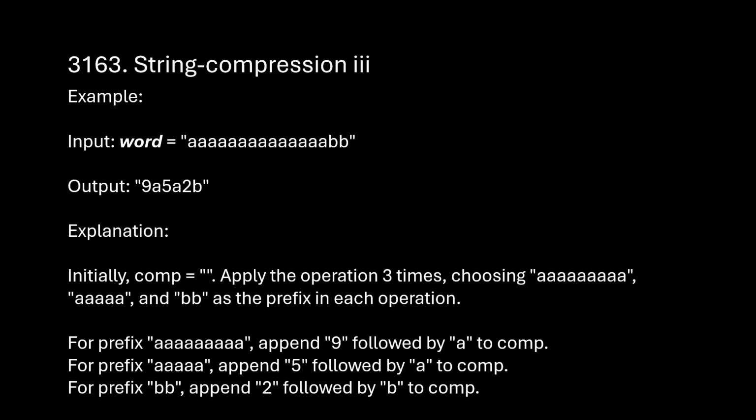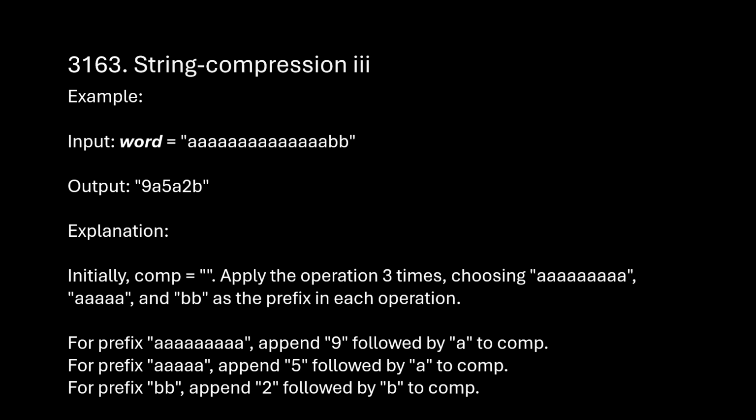The explanation here says: for prefix A, append 9 followed by an A; for the next prefix A, append 5 followed by an A; for prefix BB, append a 2 followed by B. So pretty much just appending the count followed by the letter. And if the count is ever 9, you would stop right there and treat the next count of the same letter as its own output string.